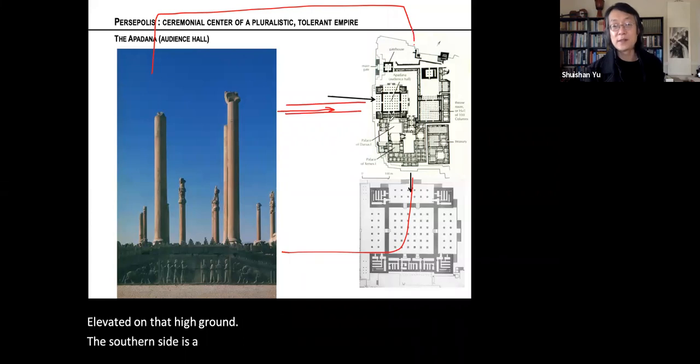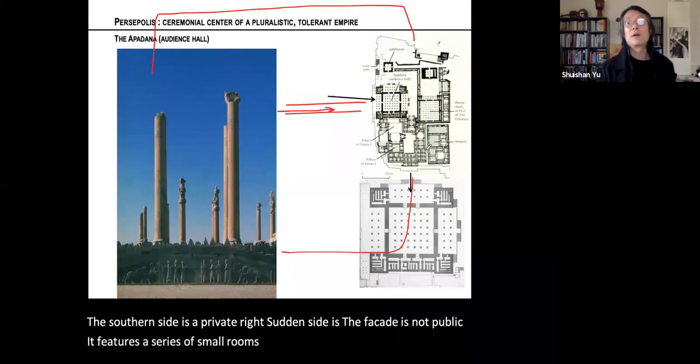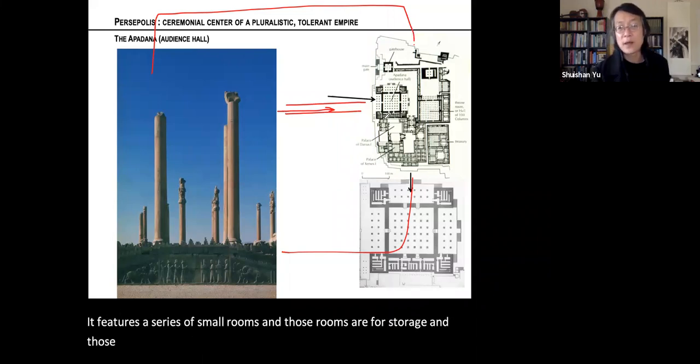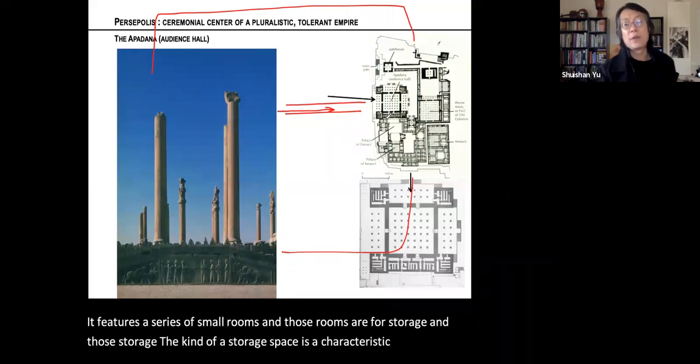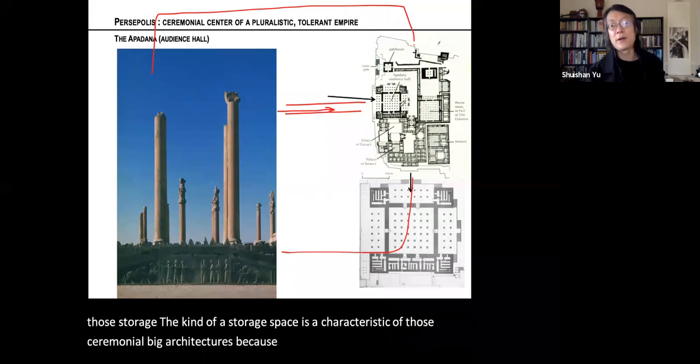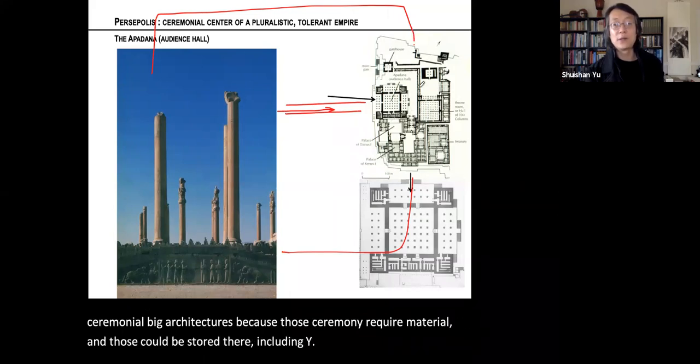The southern side is private, right? The southern facade is not public. It features a series of small rooms, and those rooms are for storage. That kind of storage space is characteristic of those big ceremonial architectures, because those ceremonies require material, and those could be stored there, including wine and other utensils.